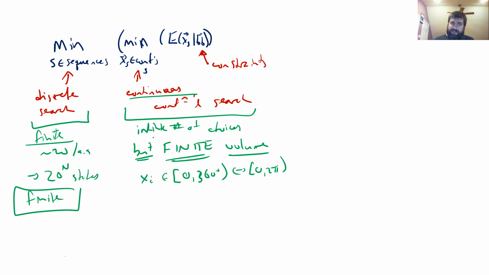And actually, the volume of the space would be essentially 360 degrees to the n, or 2 pi to the n. And those are, once again, finite numbers, right?